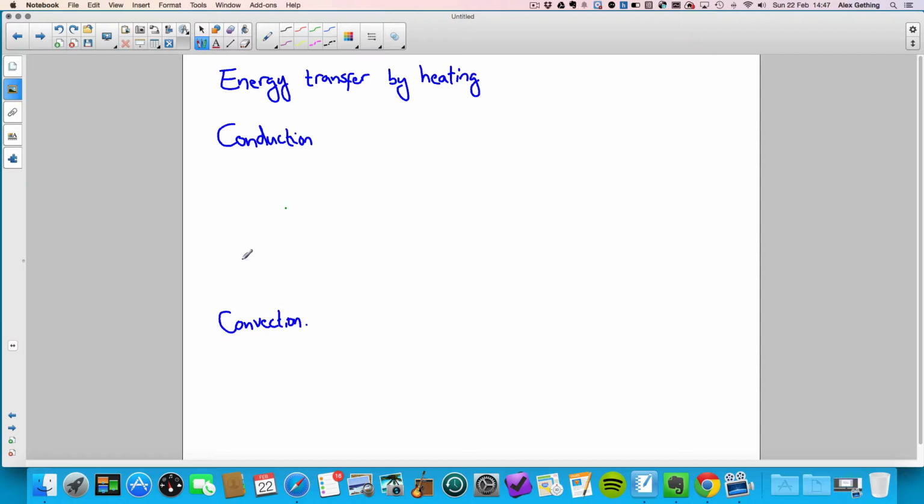Okay, and on the whole, energy is mostly transferred through solids by conduction and to liquids and gases through convection. Both types of heat transfer happen because the particles in a substance are able to move about.